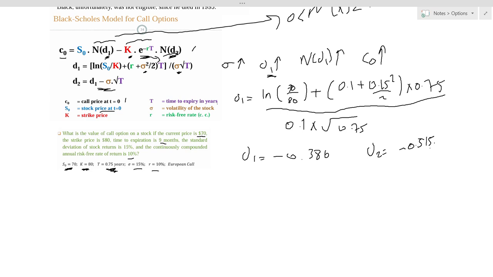Let's give one more digit, 0.515. Then we should calculate these two probabilities. N of minus 0.386 will be 1 minus the probability of 0.386. So now I need to look at the Z table.